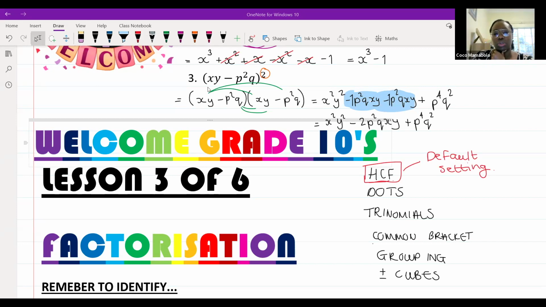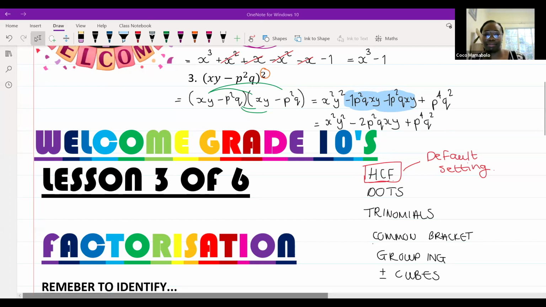Anyone? Who's got an idea? Yes, Murangi, what do you think? What is a default setting? Ma'am, I think it's like the normal thing, the normal setting. Like it's not customized or anything. It comes like that.